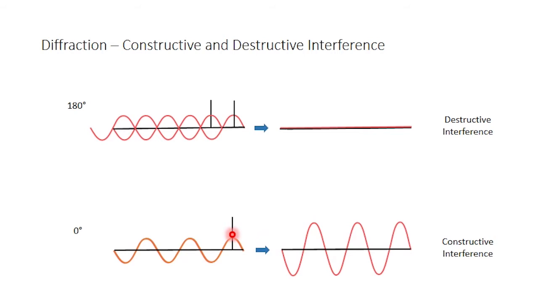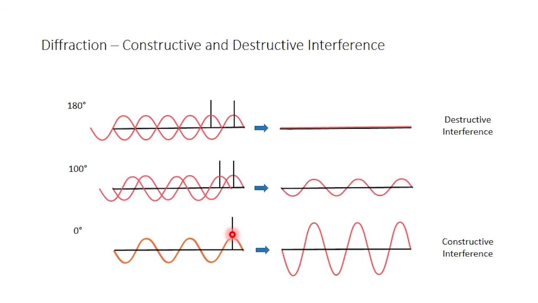Of course, we can be at some intermediate phase as well. In this case, I'm showing an example at 100 degrees, and we get something in between. But the key take-home message is that when we have constructive interference and our waves are in phase, then we are going to see X-ray diffraction.